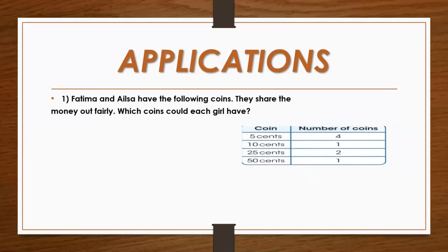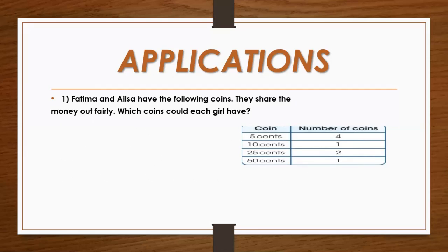Before that, they have written a statement that they share the money out fairly. So how will we start the answer? In the question, the second statement is they share the money out fairly. What does it mean? They share the money out fairly means they share the money equally.